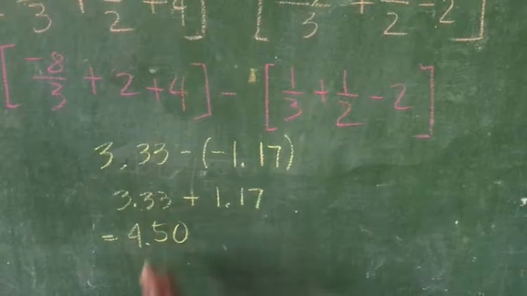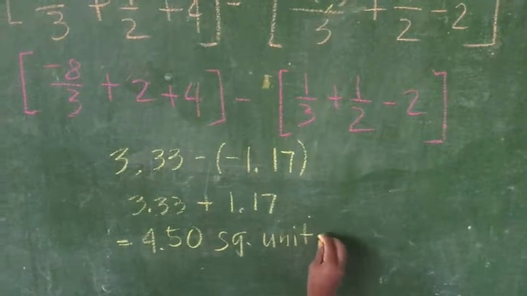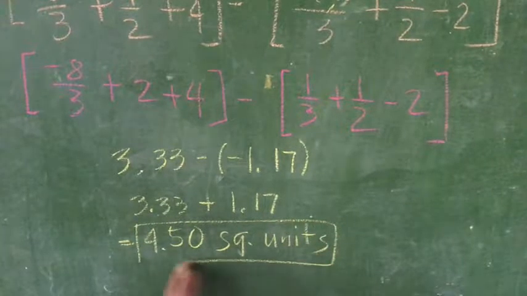After substituting, we get the area of the function, which is equal to 4.5 square units.